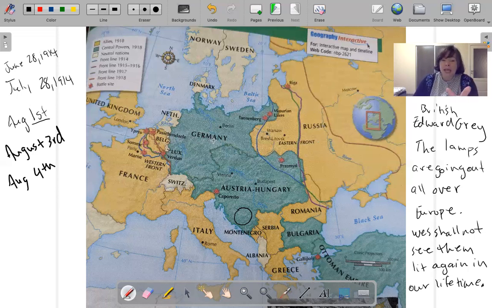Then Germany planned to go to France really quickly. I'm sorry, I forgot to say Russia asked France for help, and France said yes. Germany wanted to go quickly over to France and then turn around and go back to Russia. But to get to France, they had to go through Belgium.